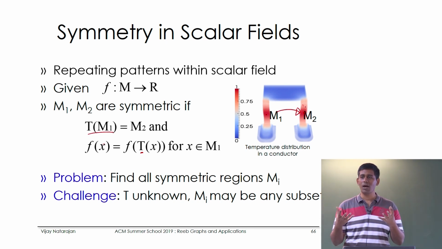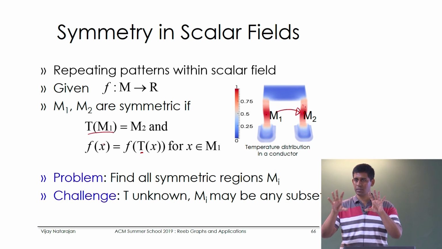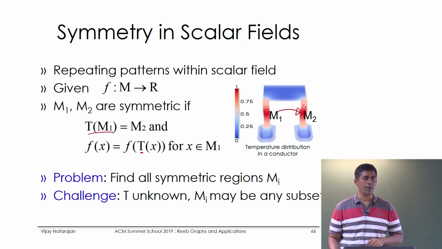So let's say you have two lungs. The distribution of blood vessels in one is a copy of the distribution of blood vessels in the other. So I want to make sure that the geometry is a copy of the other. In addition, I want to make sure that the function value distribution is also a copy. I want to find such repeating units, and this can be done using the contour tree.